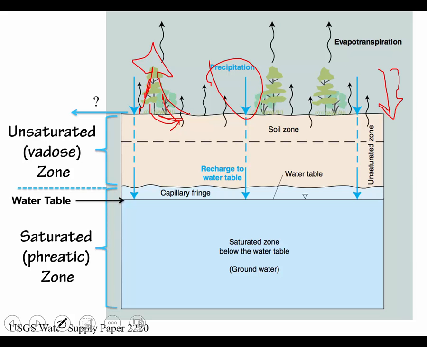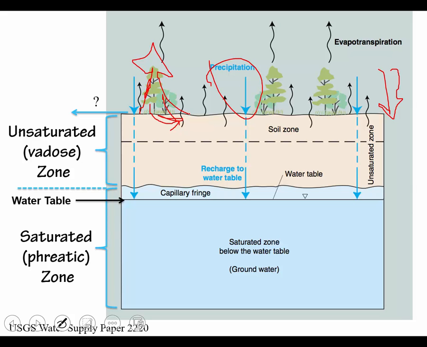Transpiration is the process by which plants release water. Now, in reality, it's very hard because evaporation also occurs on plants, so we tend to lump all this together as evapotranspiration. So that is a loss that goes back into the atmosphere. Now, the vegetation doesn't consider it a loss, but it means it doesn't recharge the water table.